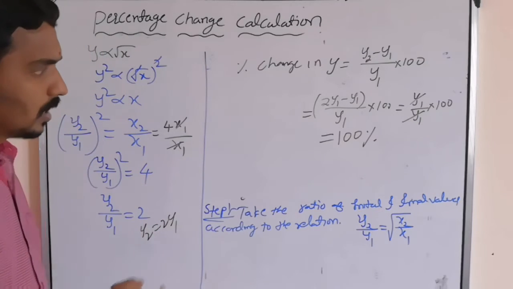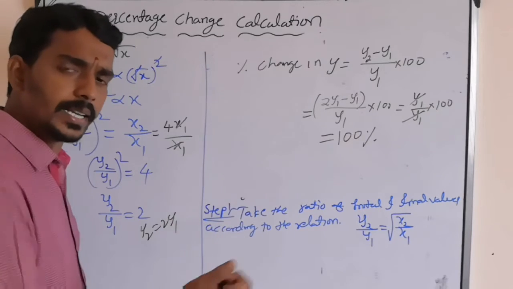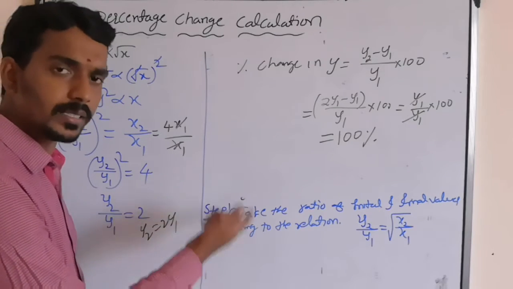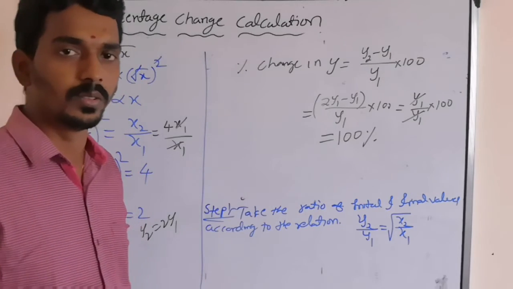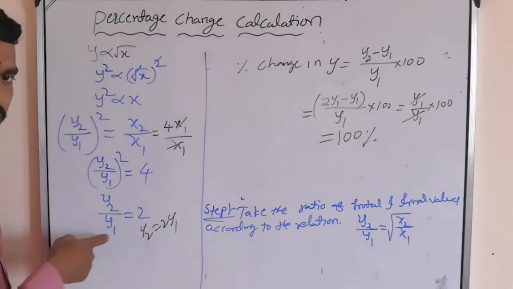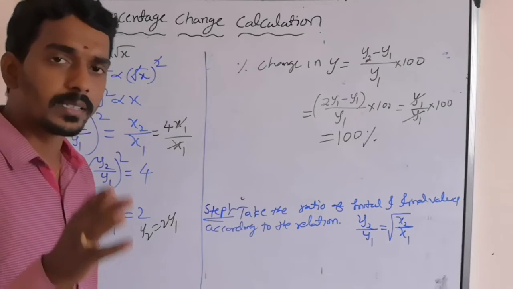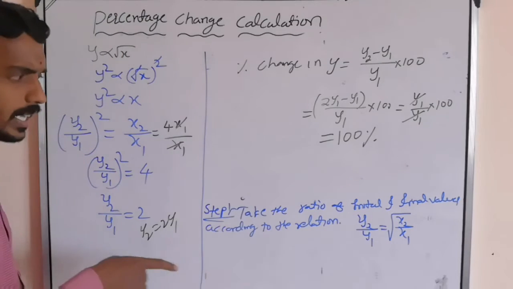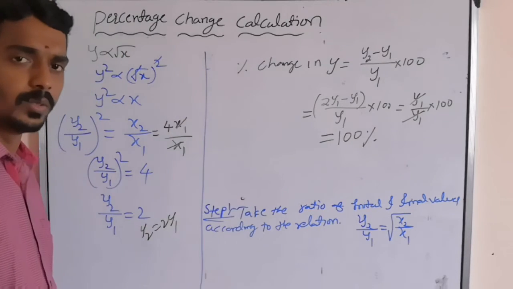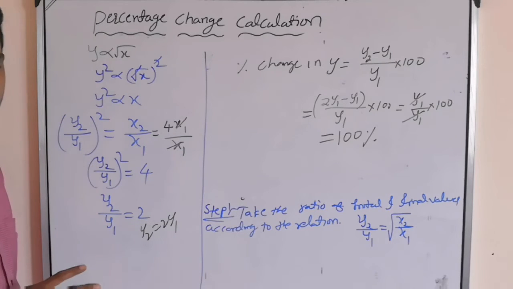Like here, for x they have given, so you will get the relation between x1 and x2. Then you can get the relation between y1 and y2. If they give percentage change in y, then you will get the relation between y1 and y2, and then you can get the relation between x2 and x1.